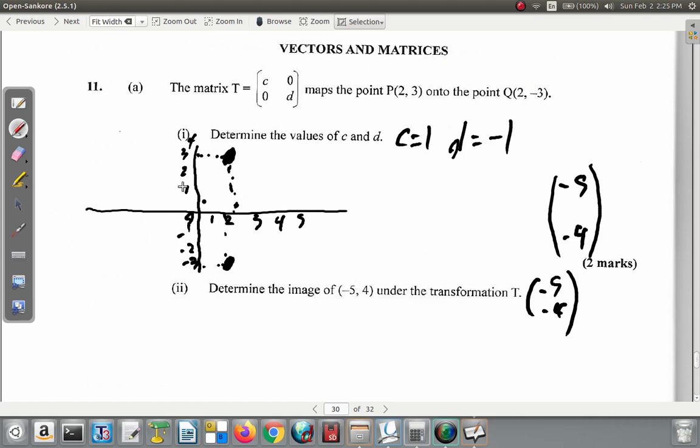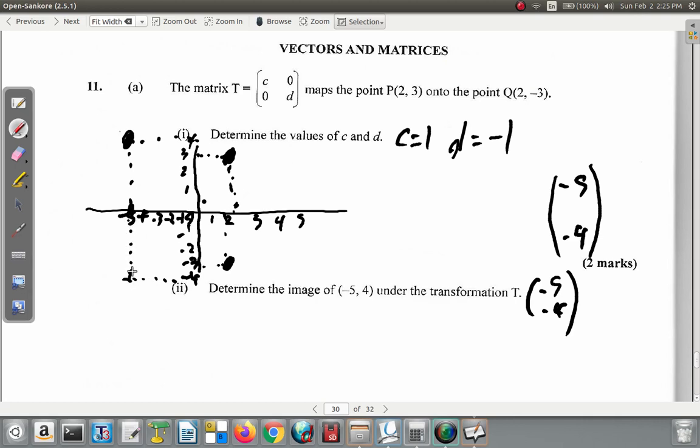What about the (-5, 4)? If you say negative 5 is somewhere here, negative 1, negative 2, negative 3, negative 4, negative 5, and 4 is up here. X is negative 5, y is 4. That means this is up here, and (-5, -4), negative 4 will be down here.